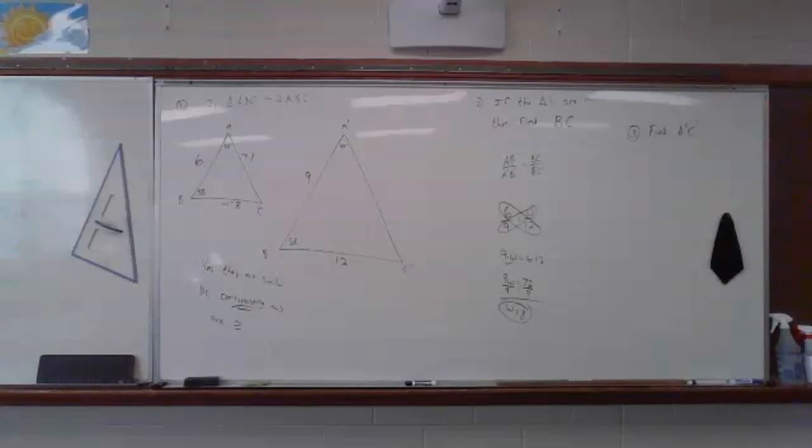You're going to need to set up a proportion in order to do so. You can be asking each other what proportion are we setting up. It can be very similar to the one we use in number 2.